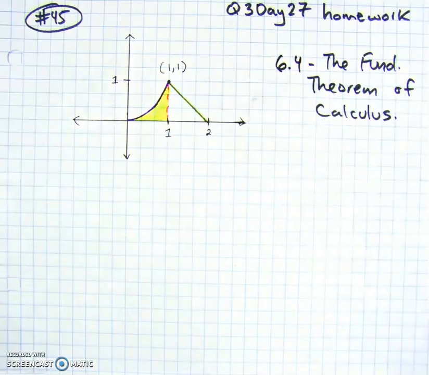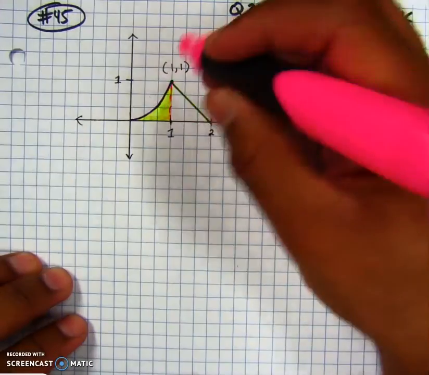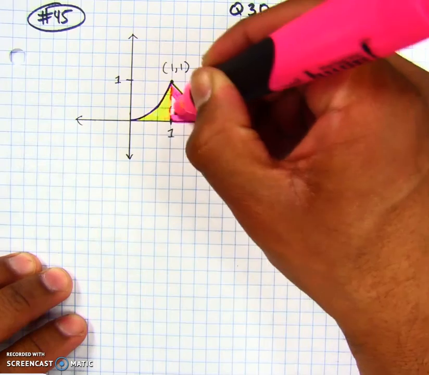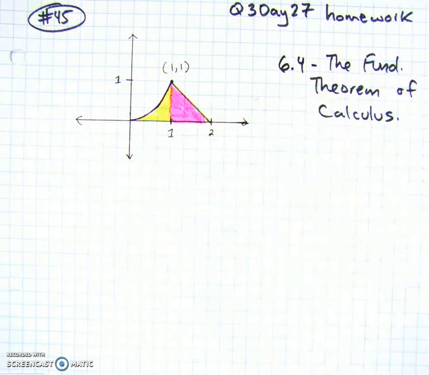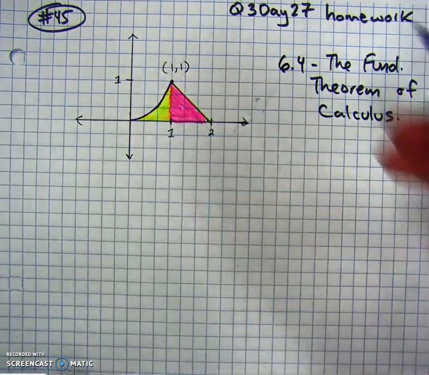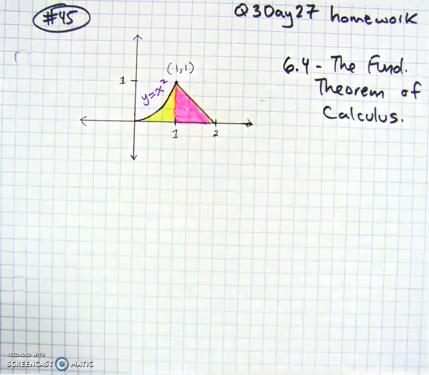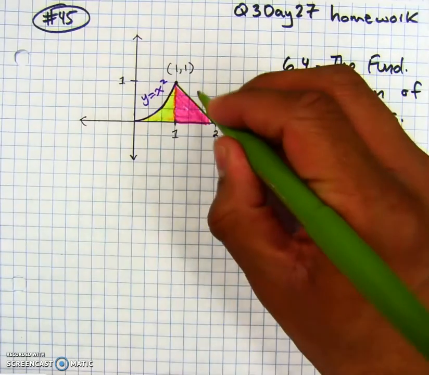That area and that area. And by the way, the two functions are y equals x squared and y equals 2 minus x.